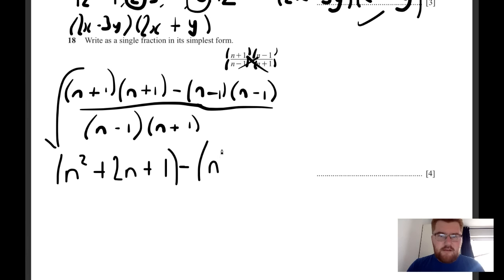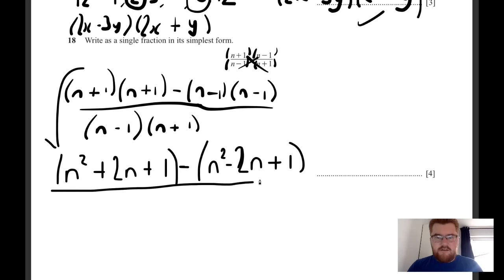So we get n squared minus 2n plus 1. Now that's plus 1 because minus 1 times minus 1 is plus 1. And the denominator is going to stay the same. Okay, so I'm just going to write dot, dot, dot, because I'm not going to keep writing that out.